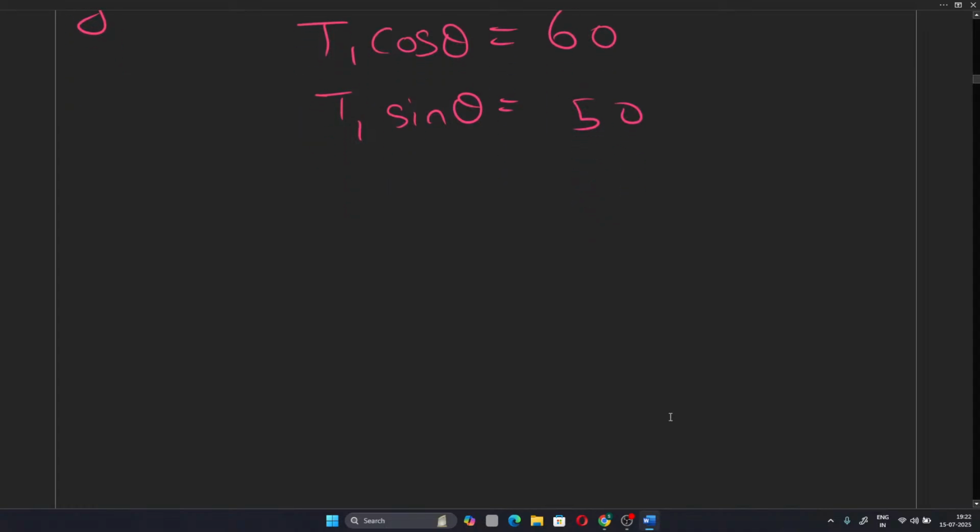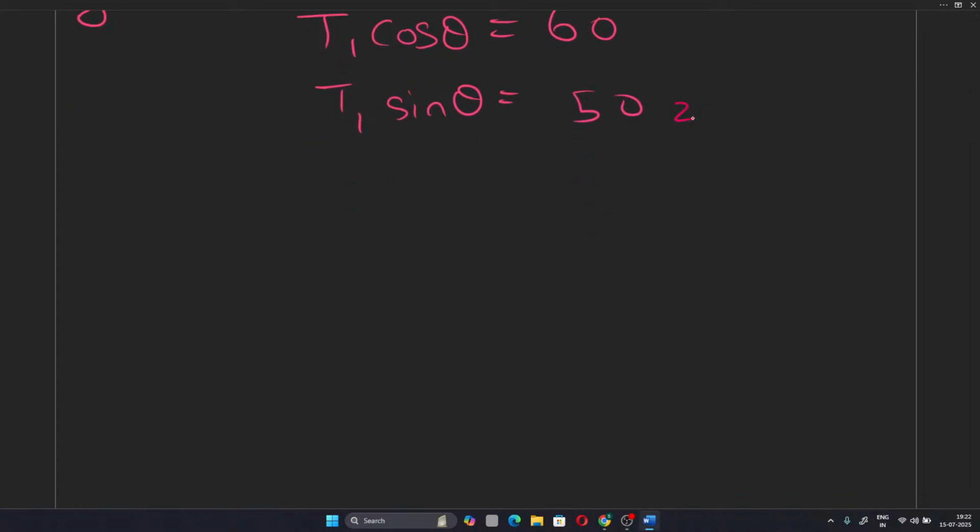Now when we divide them, equation 2 by equation 1, let's see how they took it.